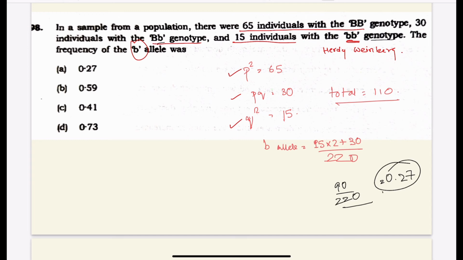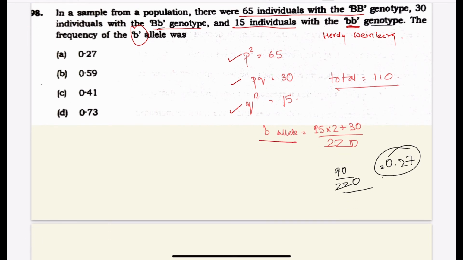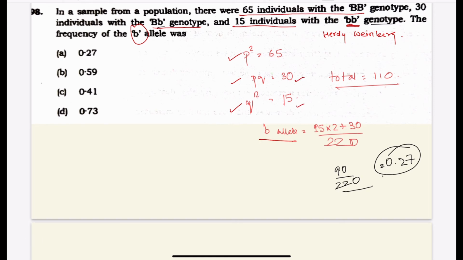Okay. Now they are asking the frequency of b allele. Since we know, here in pq we will find b allele and in q square we will find b allele. But in q square we have to multiply it with 2, because it is 2 times in a sample. The same is present in 2 chromosomes. So we will just multiply it with 2.